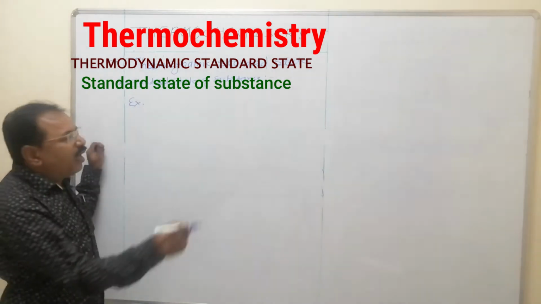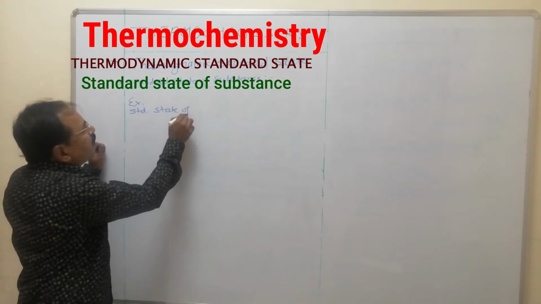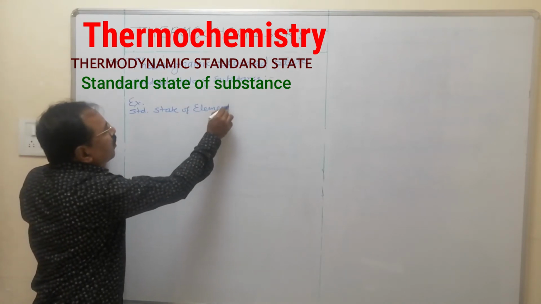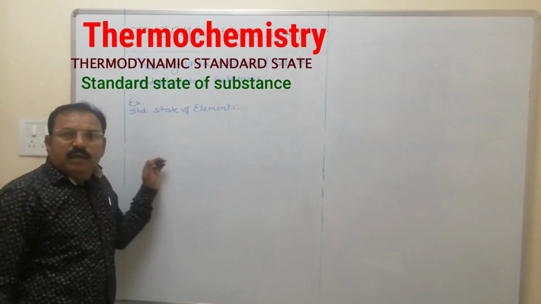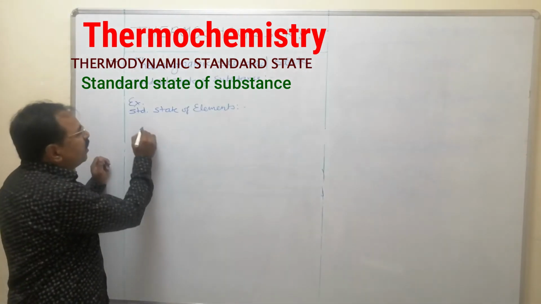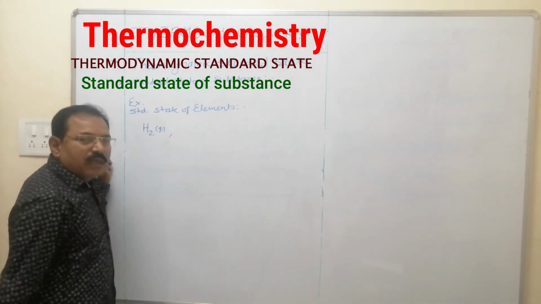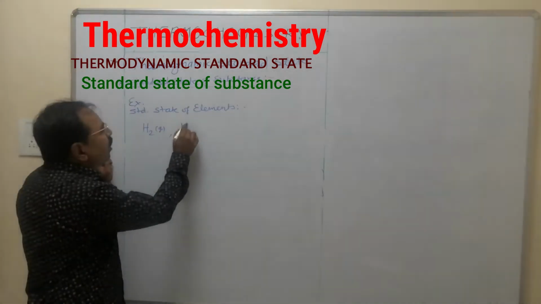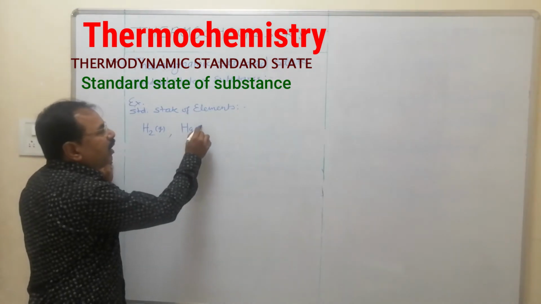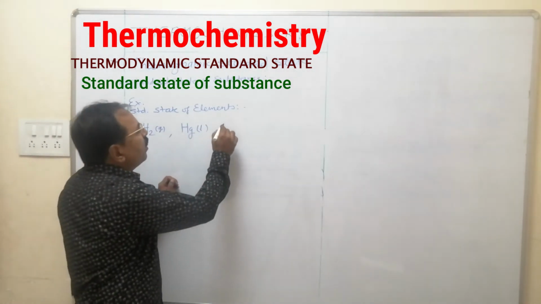Standard state of elements: hydrogen, mercury, sodium. The standard state of hydrogen is gas. The standard state of mercury is liquid. The standard state of sodium metal is solid.